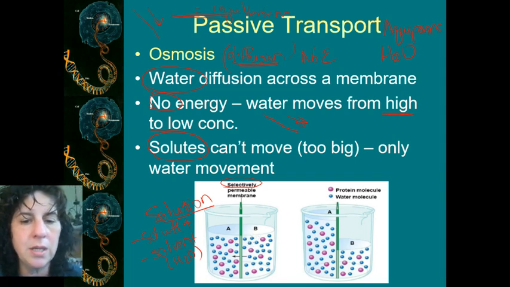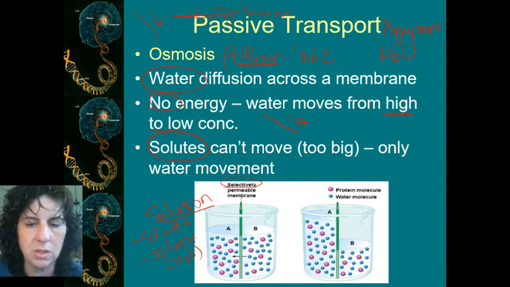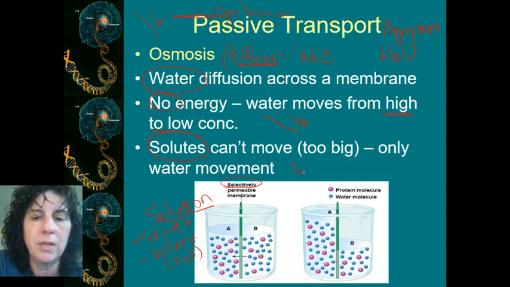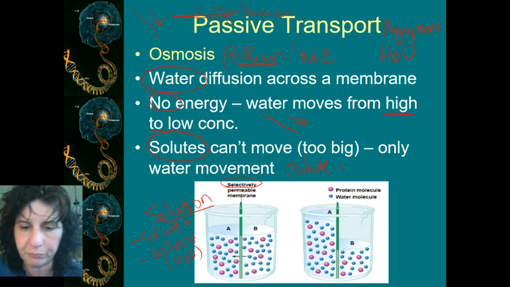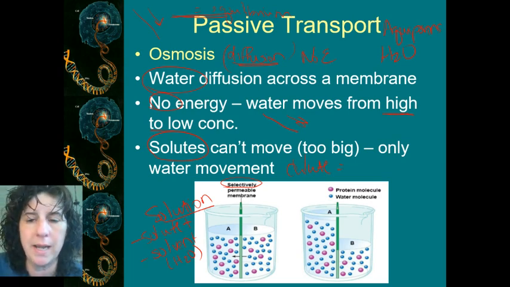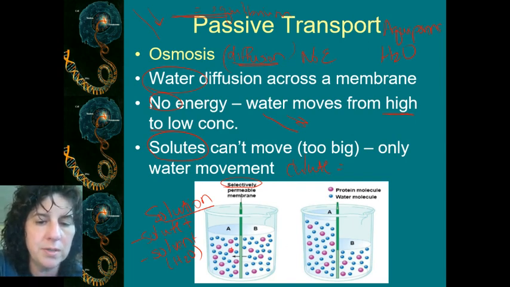The only thing that can try and rectify this situation and make them equal concentrations on both sides, or equal dilution of the solution, so we're looking at trying to dilute to equal amounts, okay, is the water itself. So the water is going to have to do the moving. What happens is the water rushes to the side where there's more solute.